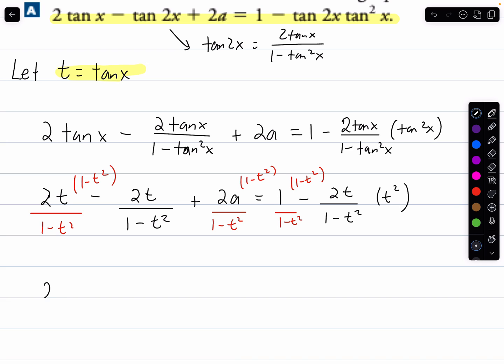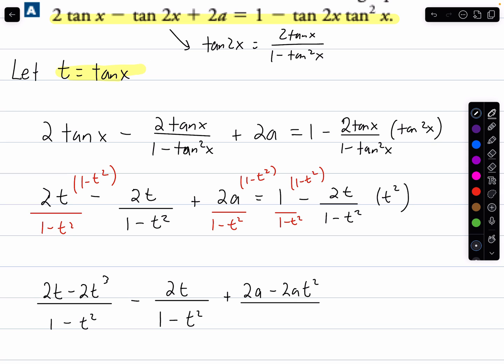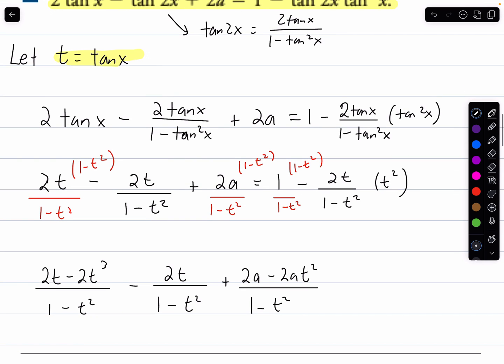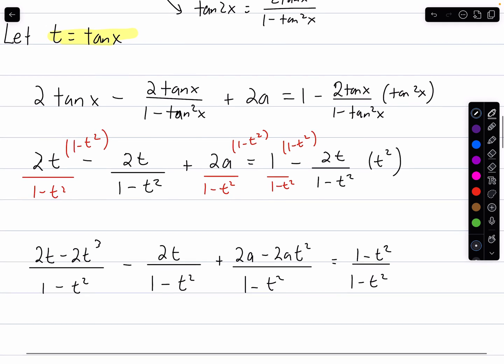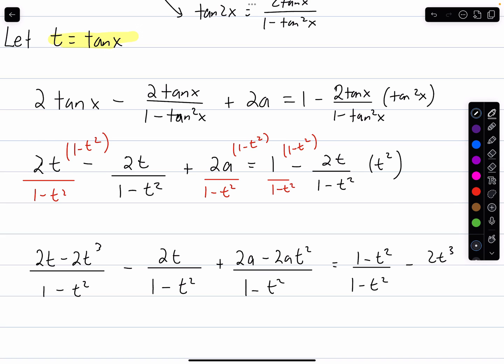So the top over here is going to be 2t minus 2t cubed all over 1 minus t squared minus 2t over 1 minus t squared plus 2a minus 2at squared over 1 minus t squared is equal to 1 minus t squared over 1 minus t squared minus 2t cubed over 1 minus t squared.